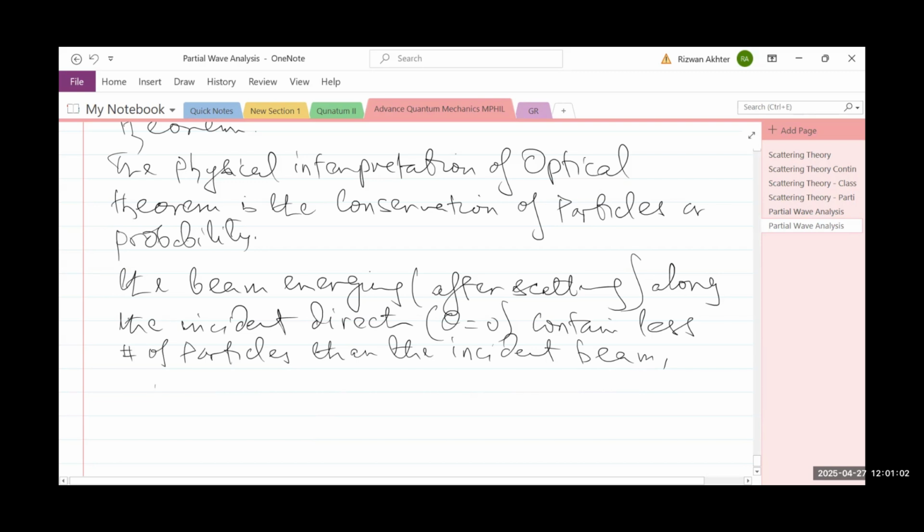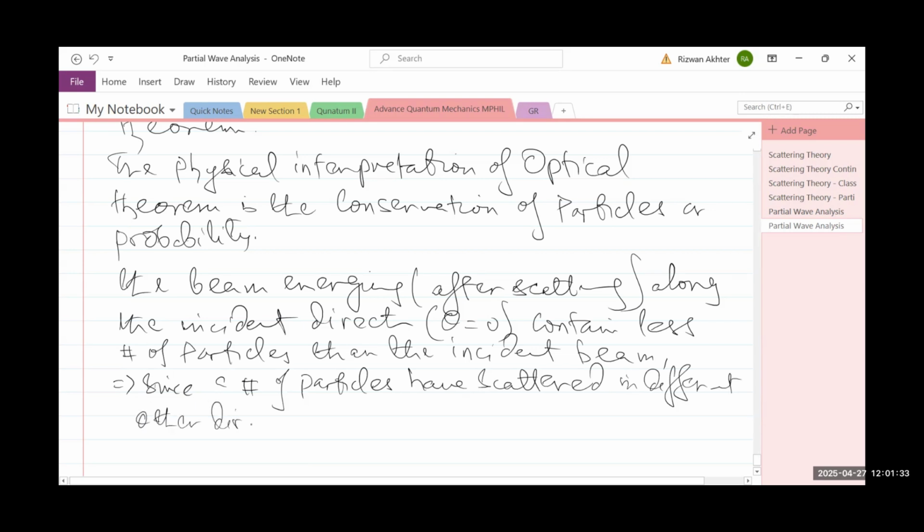This is due to the fact that a number of particles have scattered in different, other directions, so not captured by the detector. So this would attribute to sort of loss.